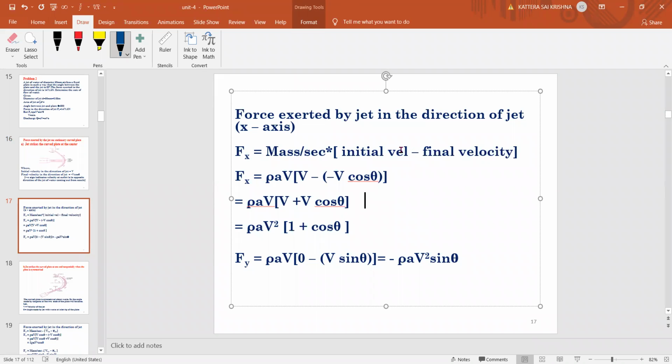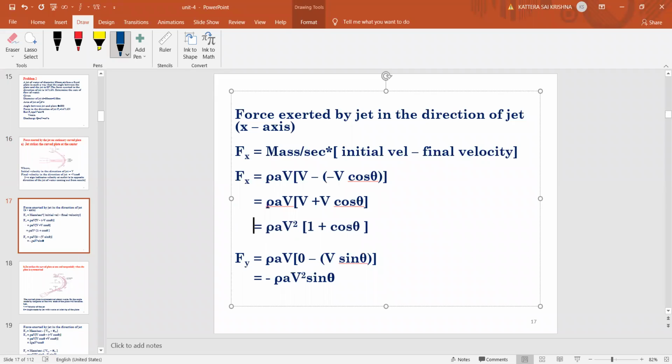Mass per second into initial velocity minus final velocity. Yes, if you finish this, you can inform. Then you go for the next thing.